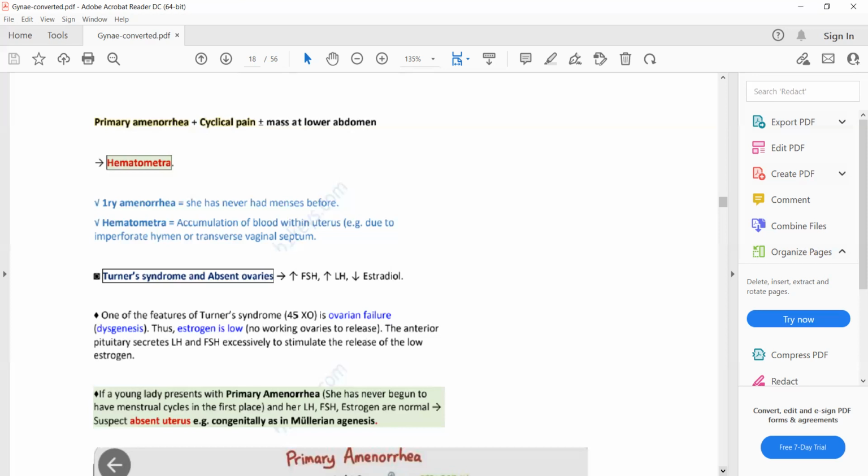So if the same female presents to you with primary amenorrhea and there's no history of cyclical pain and ultrasound shows no uterus, then your diagnosis will be Mullerian agenesis or absent uterus.